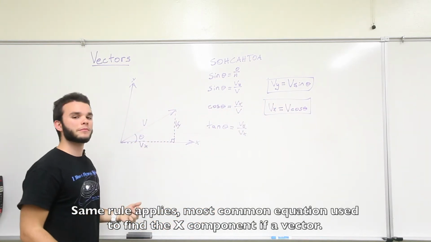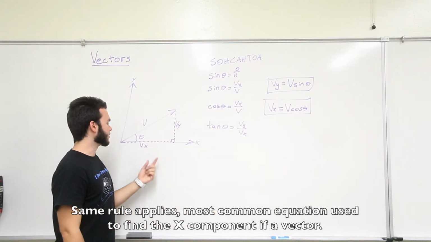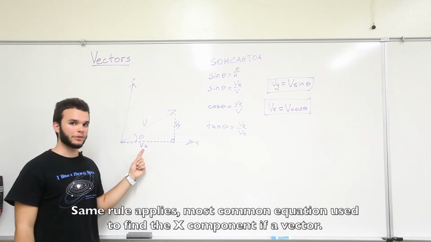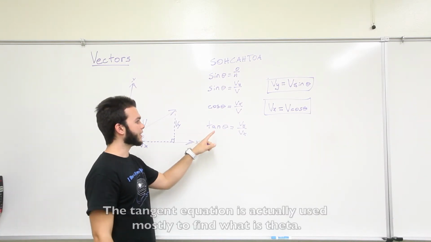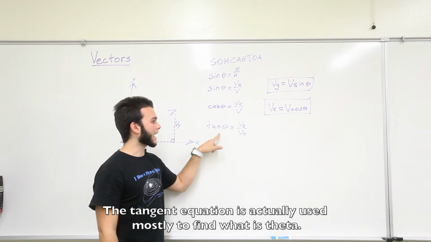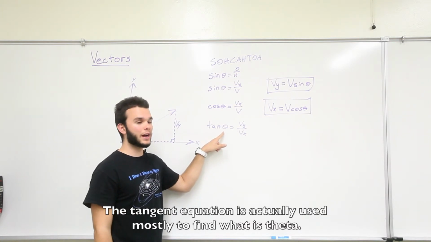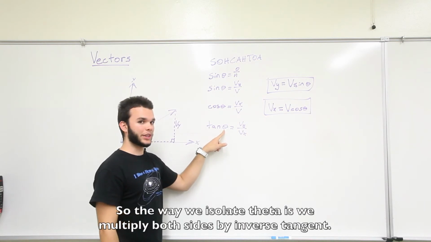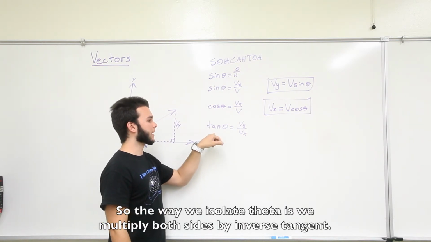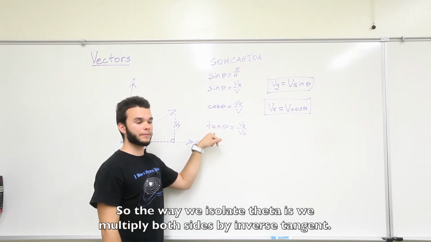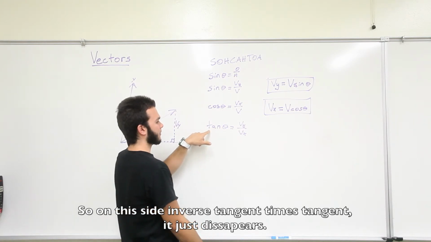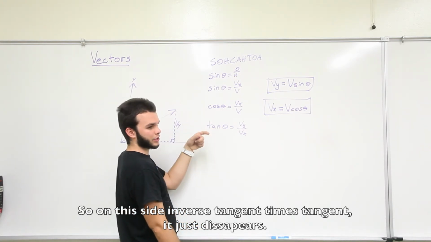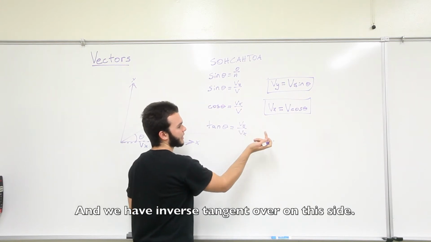Same rule applies. Most common equation used to find the x component of a vector. The tangent equation is actually used mostly to find theta. The way we isolate theta is we apply inverse tangent to both sides. So on this side, inverse tangent of tangent just disappears, and we have inverse tangent on the other side.